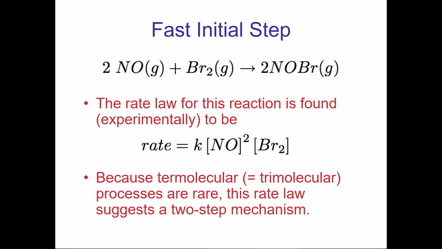If I have 2NO plus Br2 produces 2NOBr, and I'm given the rate law for this reaction, where rate is equal to k times NO squared times Br2, telling me that NO is second order and Br2 is first order, we could write a mechanism indicating one step, but that would be termolecular because we would have two NO molecules colliding with a Br2 molecule, which doesn't normally happen. So this suggests this is at least a two-step mechanism.